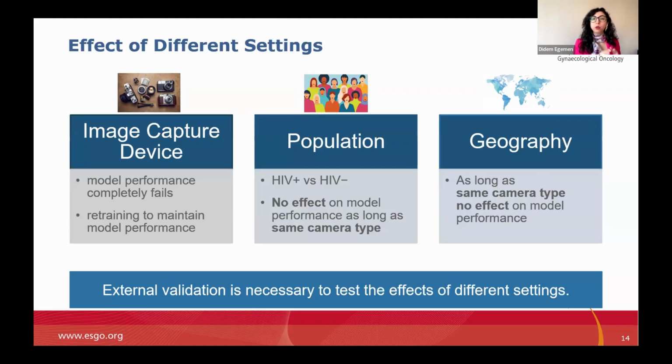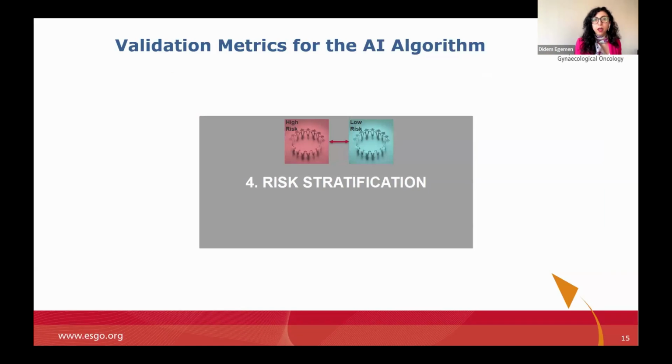So in general, when you want to validate these AI algorithms and make sure they're applicable, there should be continuous monitoring whenever anything changes in your data environment. And the last thing is, it should create risk stratification, otherwise it's not a useful test.